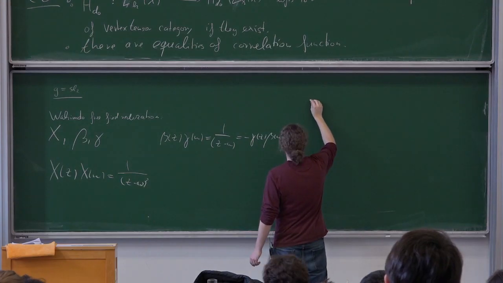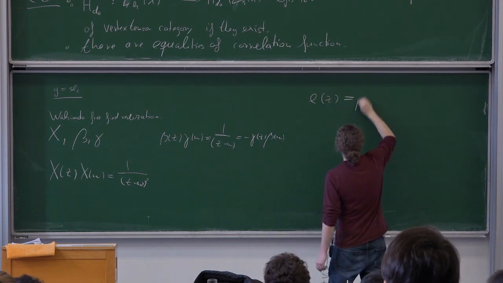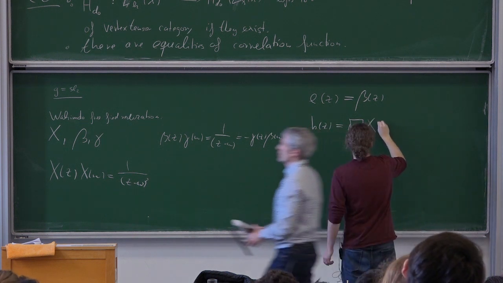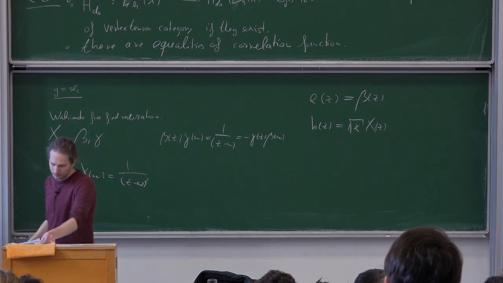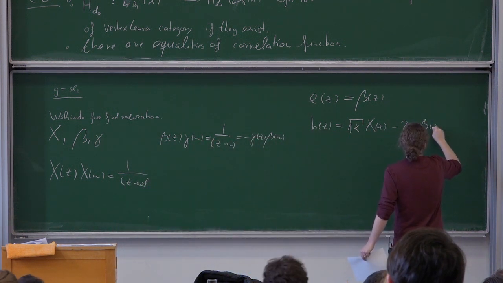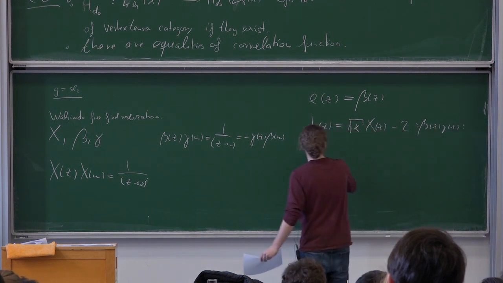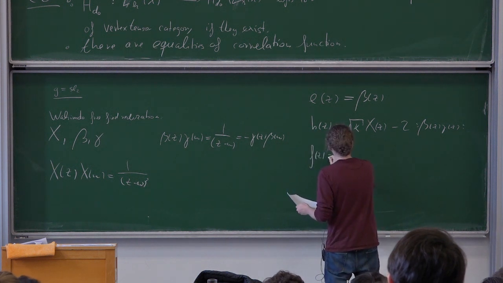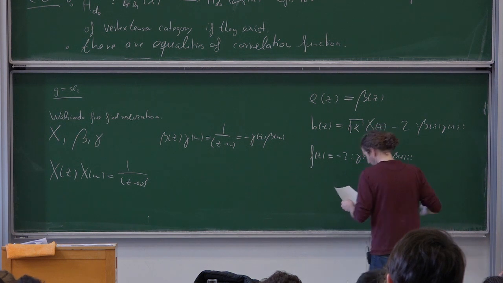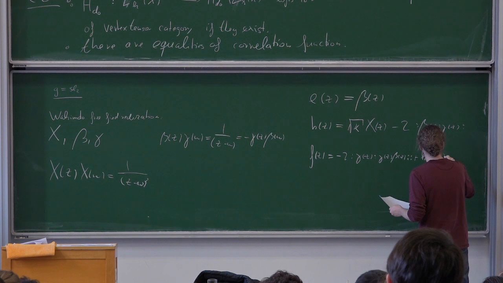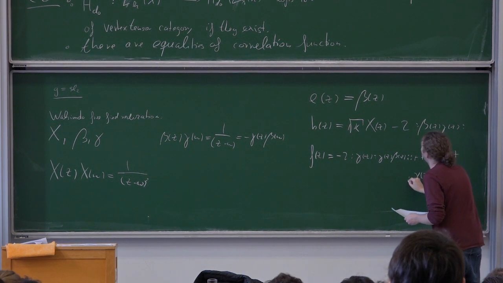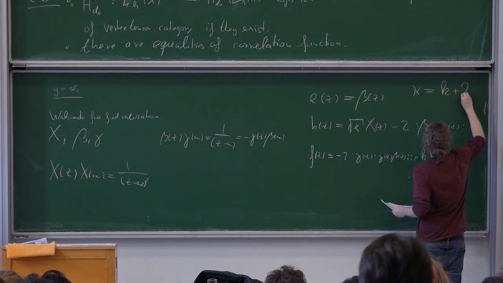And then it turns out that in this free field algebra, if you define the fields E of z to be beta, H of z to be square root of kappa times the derivative of the boson minus 2 times the normal ordered product of beta and gamma, and then f to be a cubic term in beta and gamma, where I defined kappa to be the level plus the dual Coxeter number.